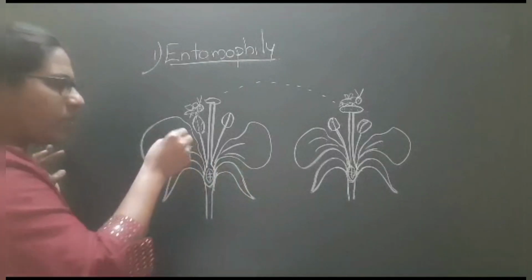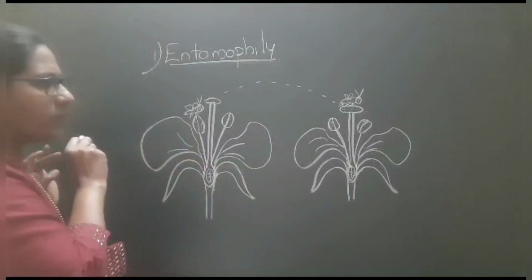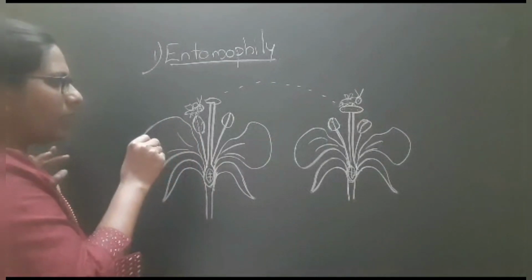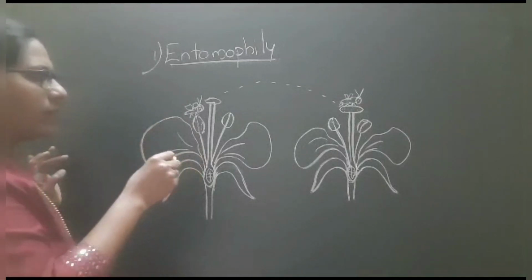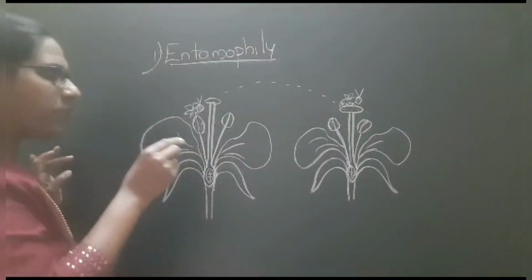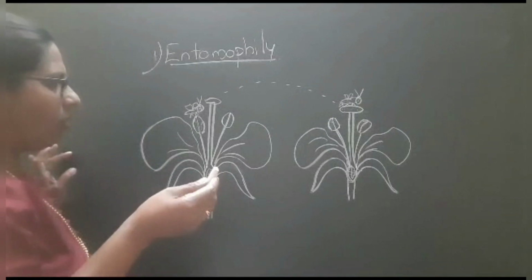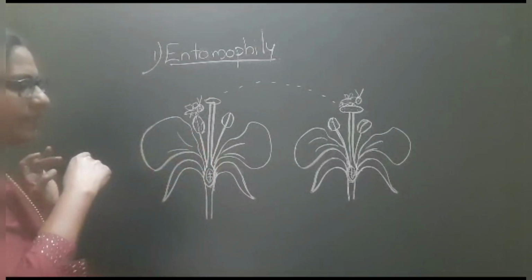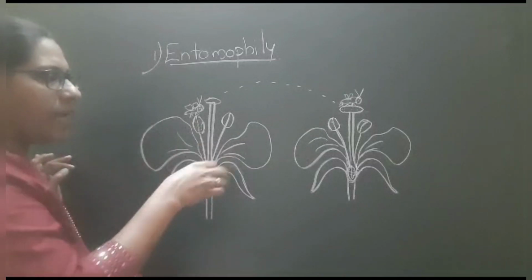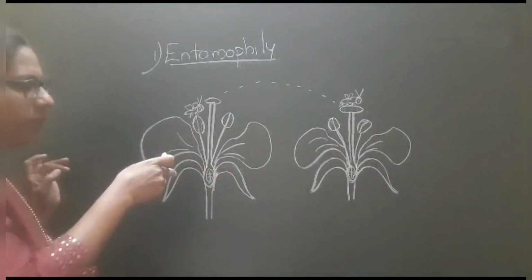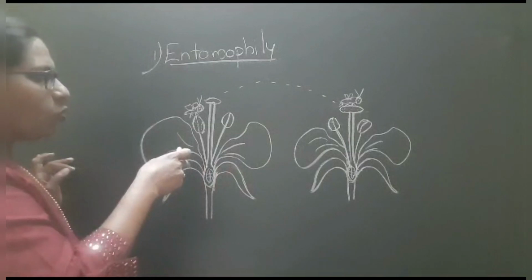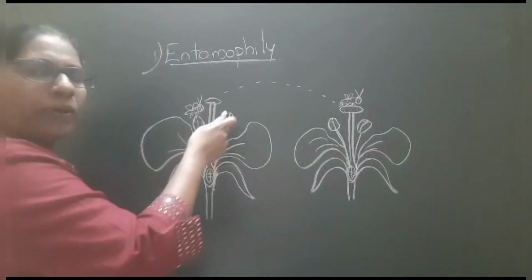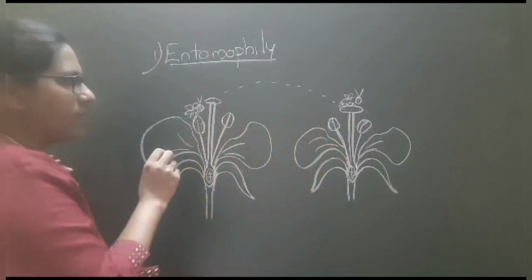When an insect visits the flower to suck the nectar, or sometimes it wants to protect itself from the rain, heat or cold. Sometimes it wants to lay eggs. These are the times they visit the flower. So while performing this activity, they also perform the pollination.